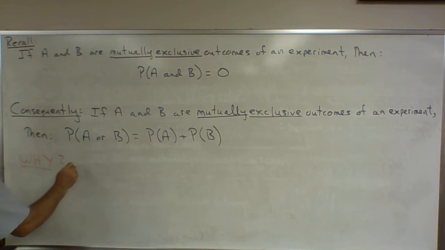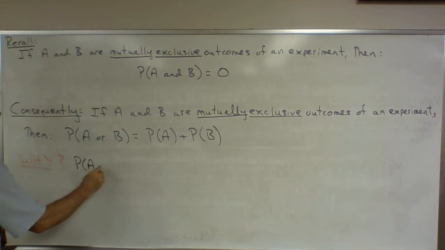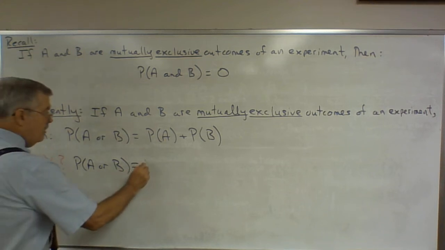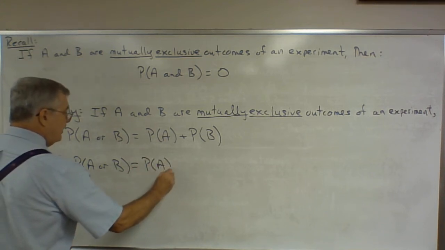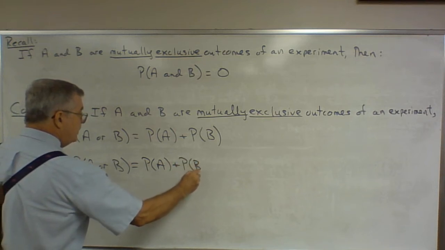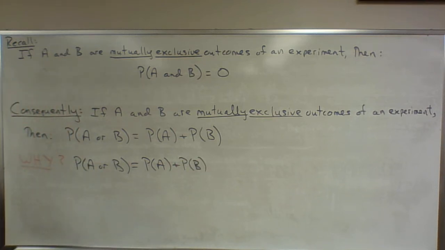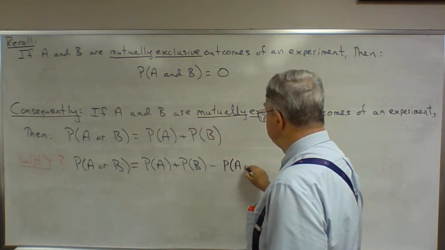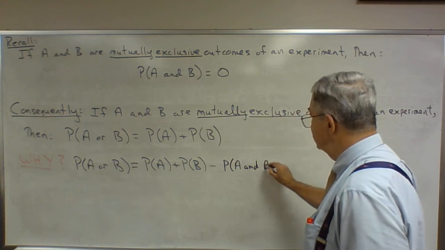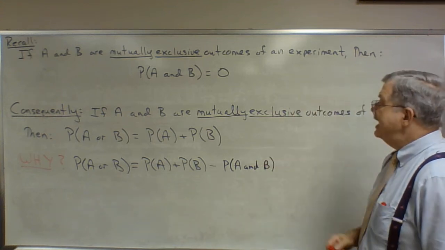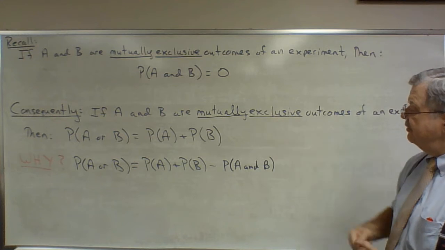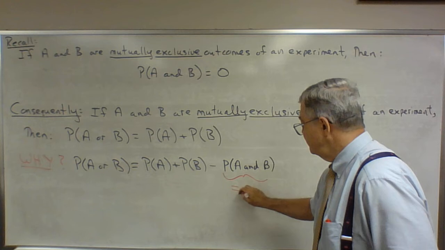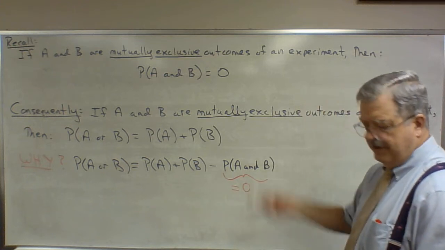Well, we know the probability that A or B occurs is equal to the probability that A occurs plus the probability that B occurs, minus the probability that they both occur, A and B. But if A and B are mutually exclusive, then this thing equals 0.